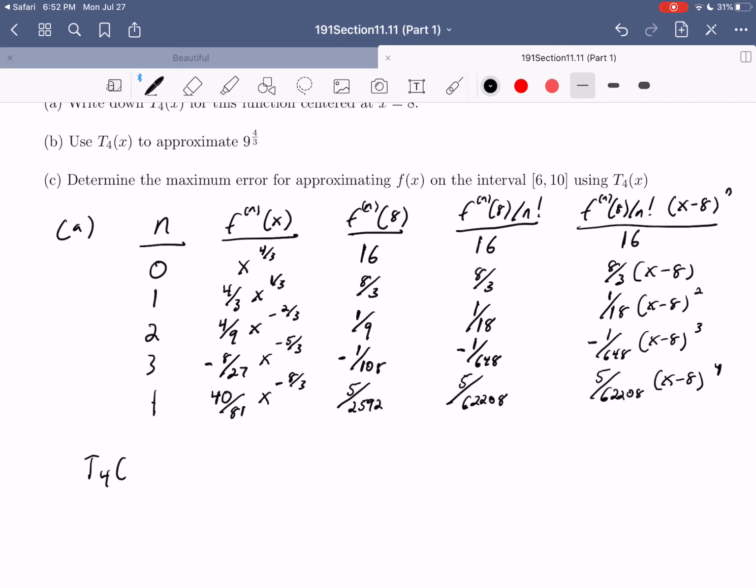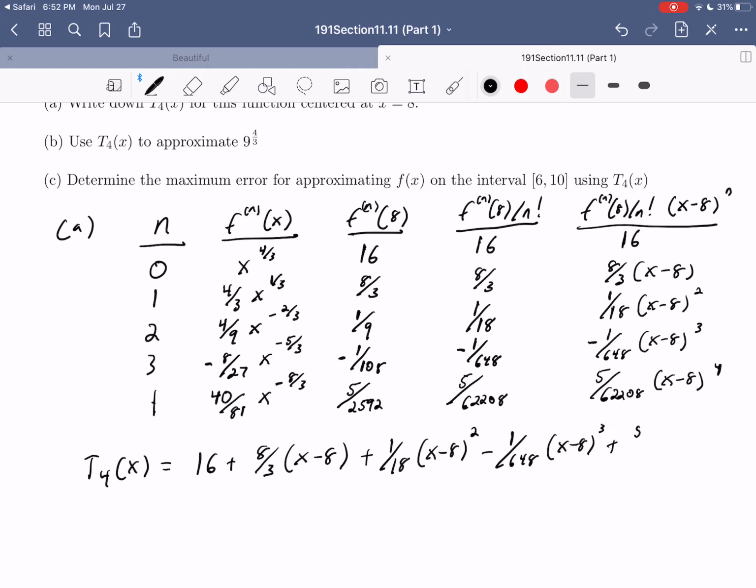So T4 of x here would be 16 plus 8/3 x minus 8 plus 1 over 18 x minus 8 squared minus 1 over 648 x minus 8 cubed plus 5 over 62208 x minus 8 to the 4th. So there we go. That's our T4 there.